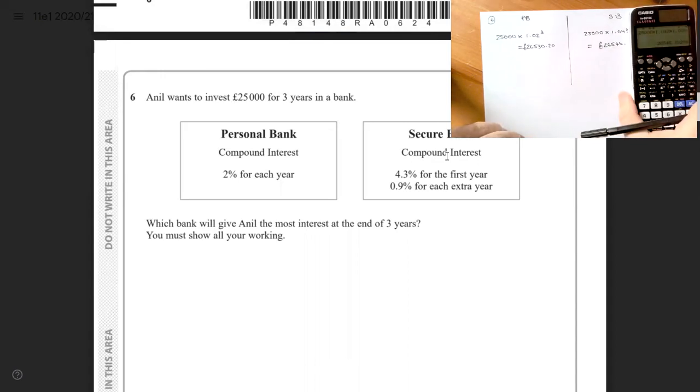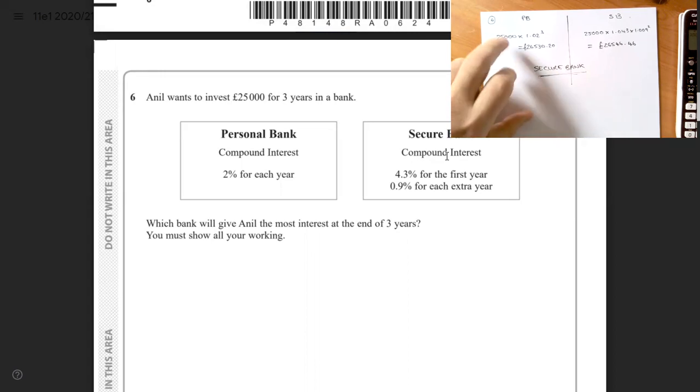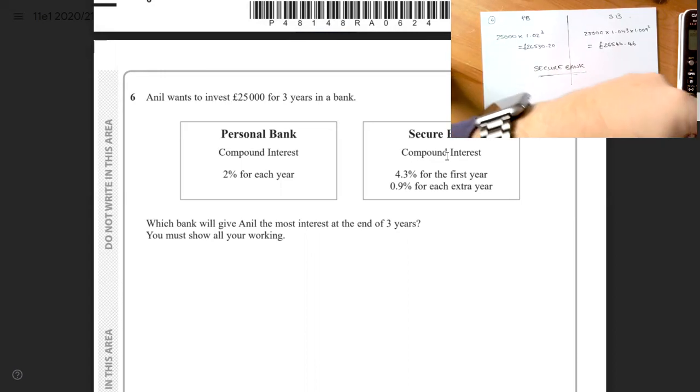Okay, so which bank is most interest over 3 years? So secure bank. If I was going for more than 3 years, I would go personal bank, as after 3 years that will give you a better interest.